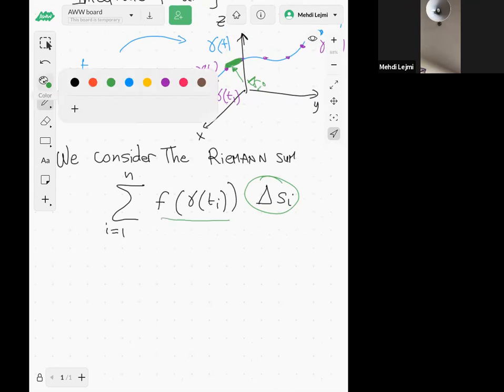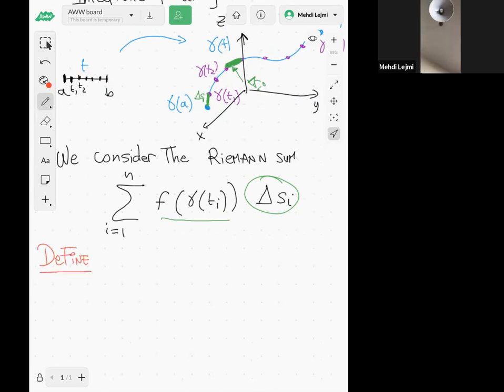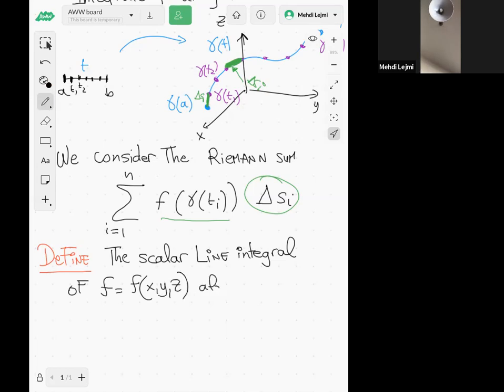So now we can define the scalar line integral of f along the path, or the curve, gamma of t.